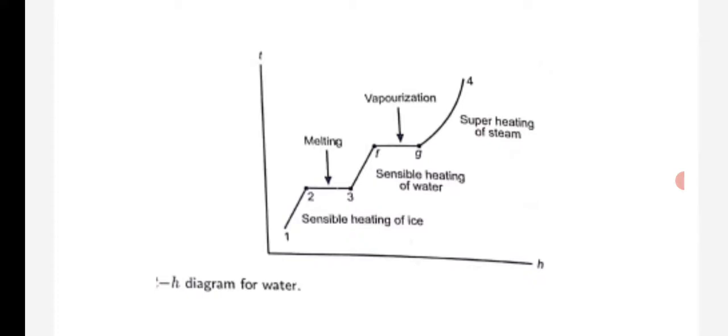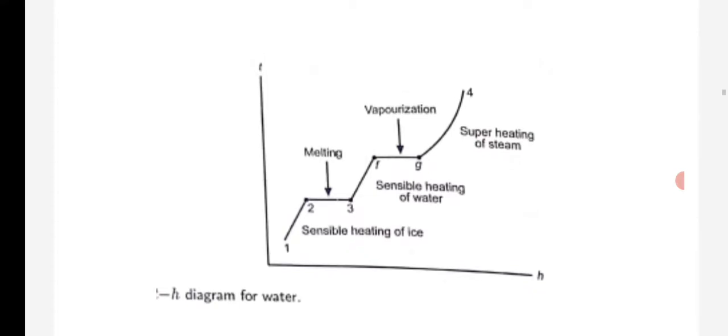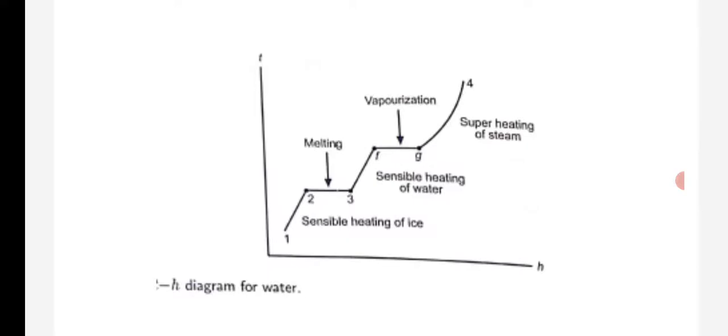At G it becomes saturated vapor, meaning all the liquid has been converted into vapor. So there is no more liquid there. It is pure vapor now, and that is known as saturated vapor. Again, why it is called saturated: if I add some more heat to it, or remove heat from it, then there is a phase change. So if I add heat again, it becomes superheated steam.